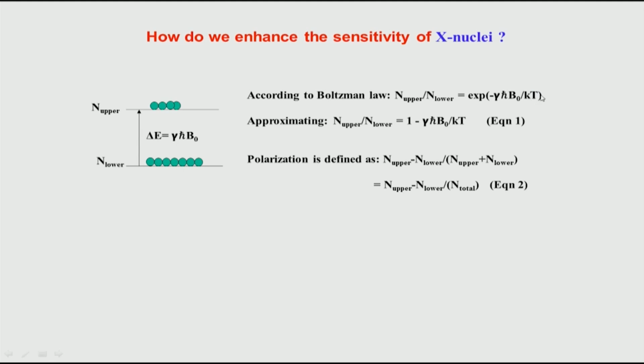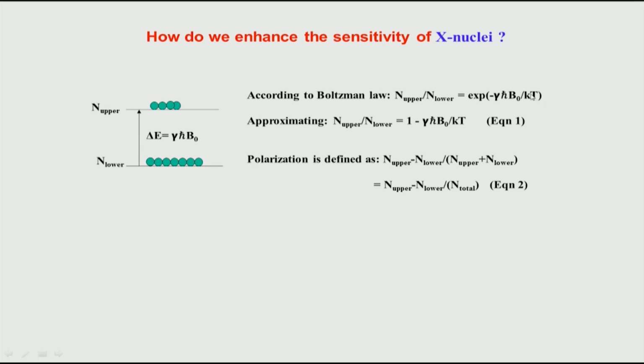So we are working basically at ambient temperature conditions. Under those conditions one can approximate this equation and write it in this form. This is called the high temperature approximation.